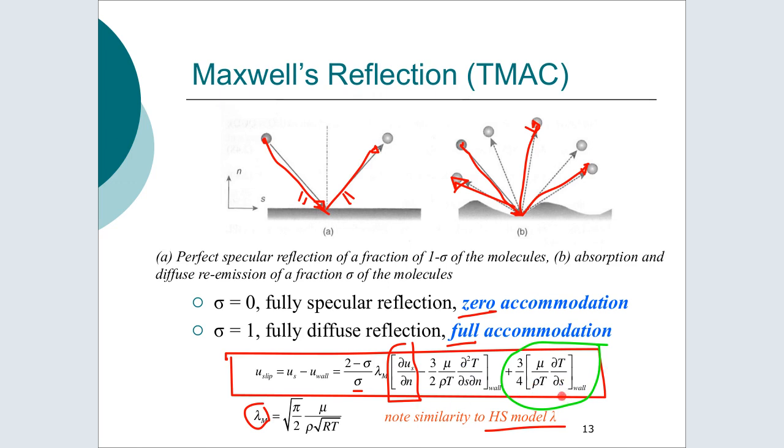But if you have a temperature gradient, and the temperature gradient is in the flow direction, what this tells you is that without any pressure difference, you will have a flow. Again, slip will occur at the wall if you have a temperature gradient in the flow direction.